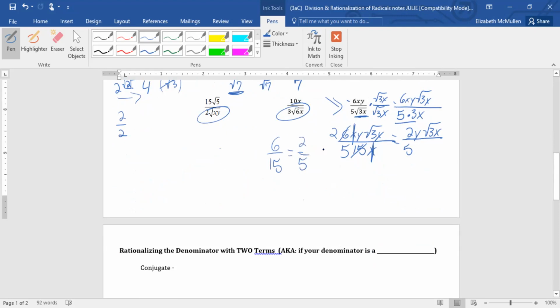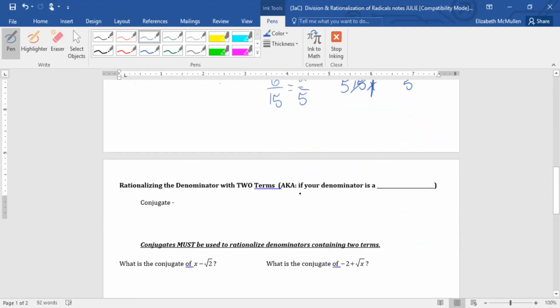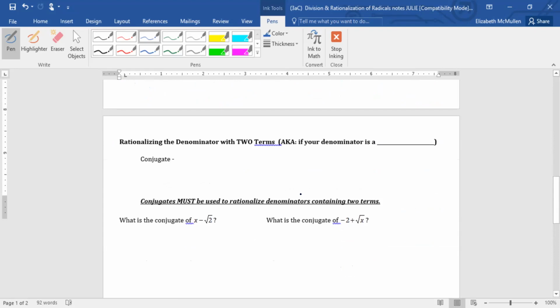All right. So next, rationalize the denominator when we have two terms. So if our denominator is a binomial. All right. So what do you do when you have one that looks like this? 3 over 3x minus radical 5. If I just multiply this times radical 5 over radical 5, I'm not getting rid of anything, right?